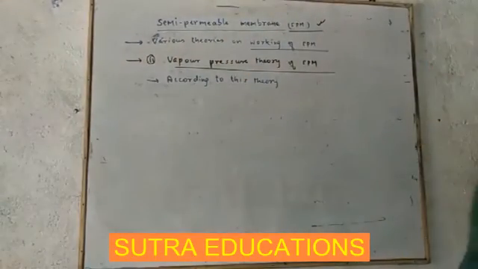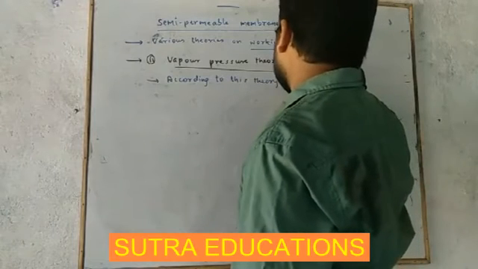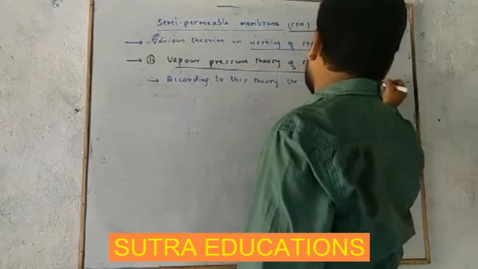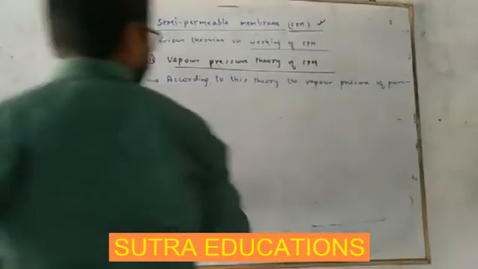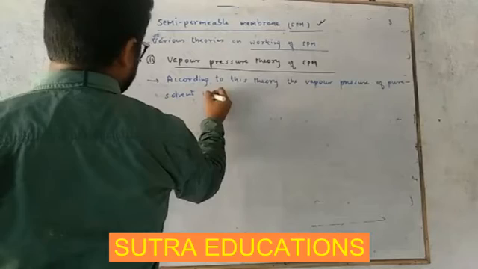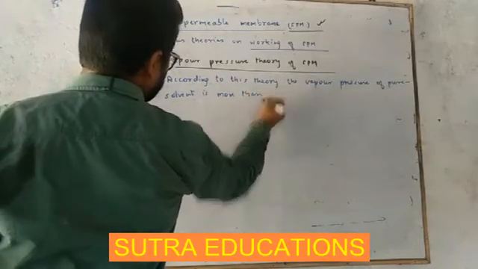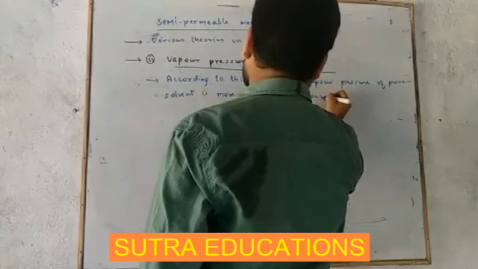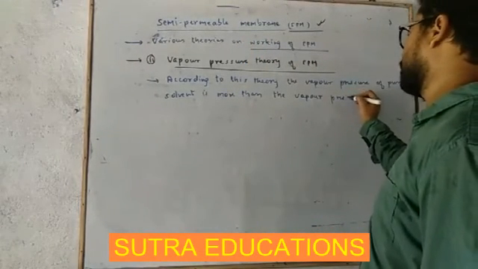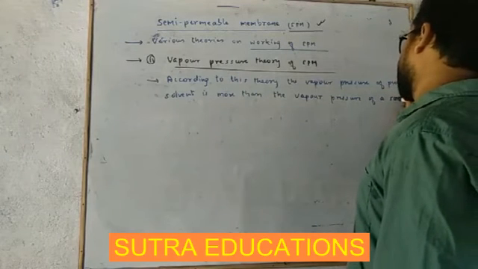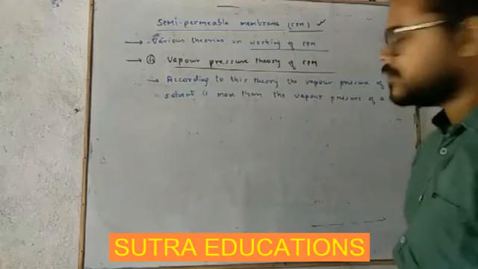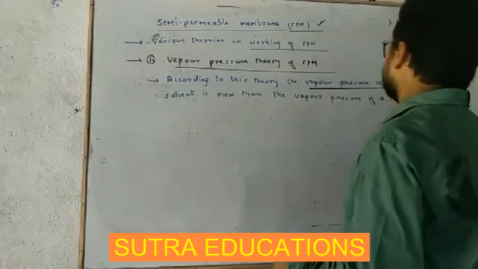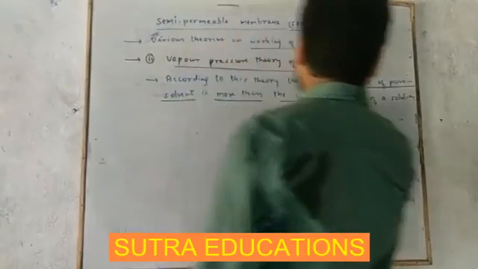According to this theory, the vapor pressure of pure solvent is more than the vapor pressure of a solution having non-volatile solute.